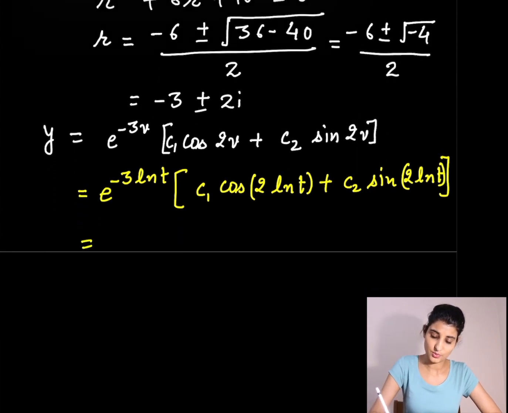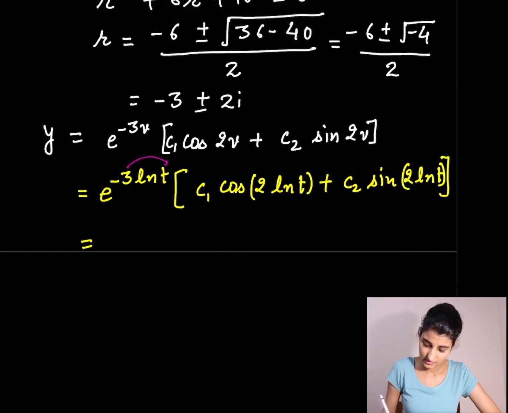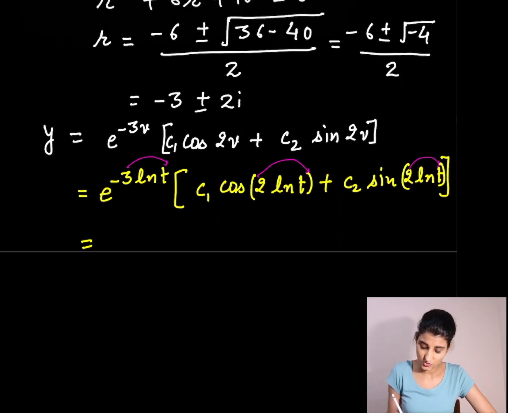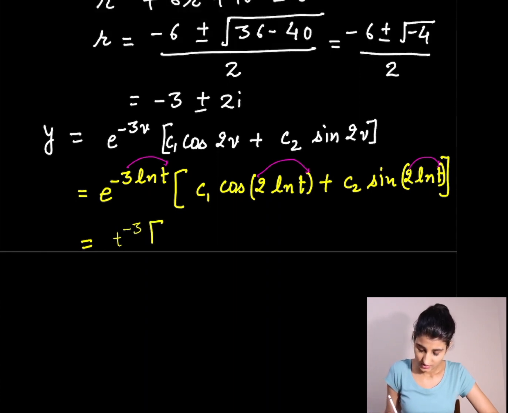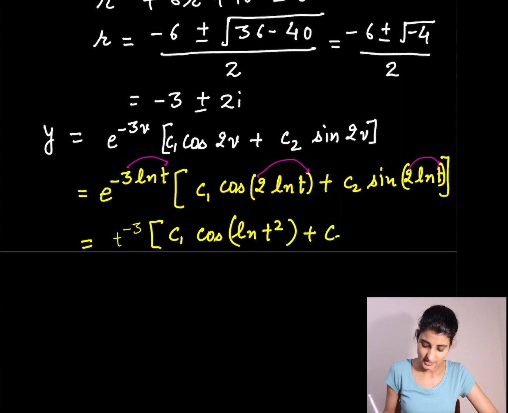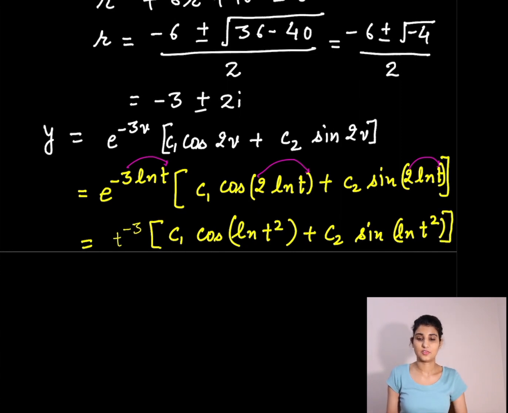We use the same property again, and the coefficient goes in the power. So this is the same as writing t^(-3) times (c1 cosine(ln t) plus c2 sine(ln t)).